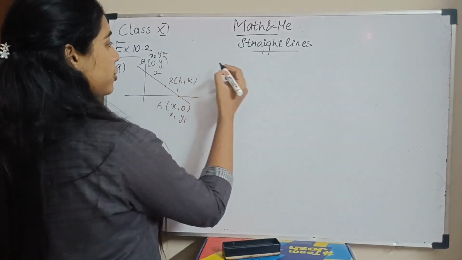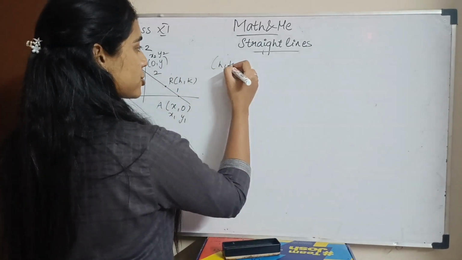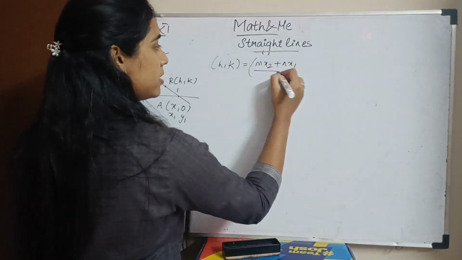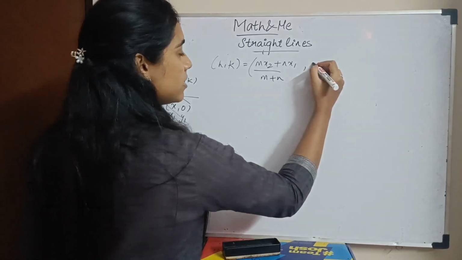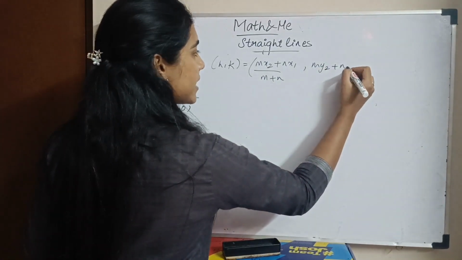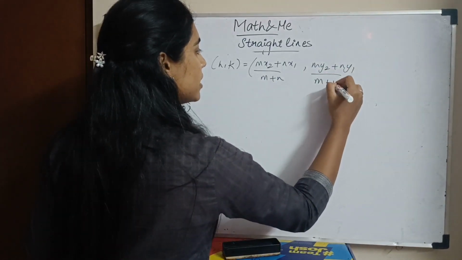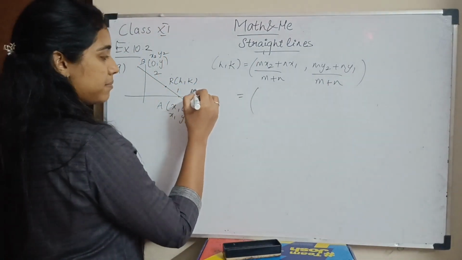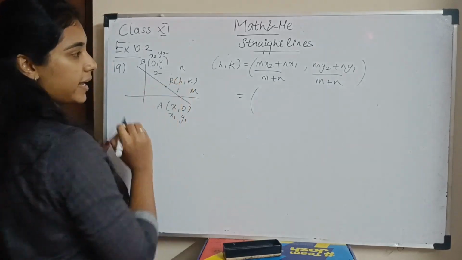Okay. So what do we do? The point (h, k) equals (m x2 plus n x1) divided by m plus n comma (m y2 plus n y1) divided by m plus n. So when I substitute the values, what is your m? m is 1, n is 2.